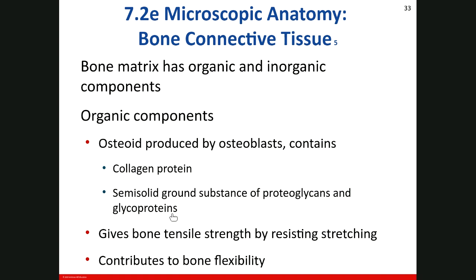Proteoglycan contains more carbohydrate, and glycoprotein contains more protein, but both of them contain protein and carbohydrate, but the ratio of protein and carbohydrate is different. This organic matrix can give bone tensile strength by resisting stretching, and it can contribute to bone flexibility.